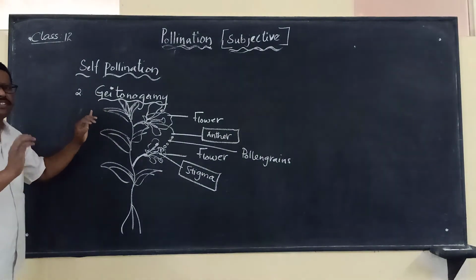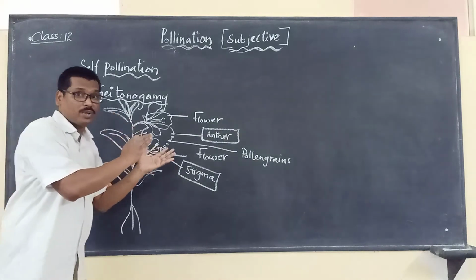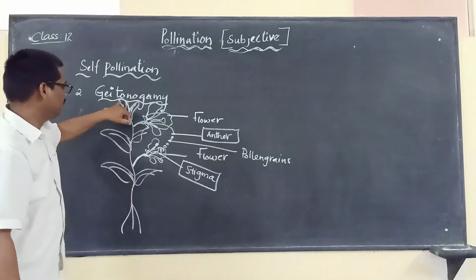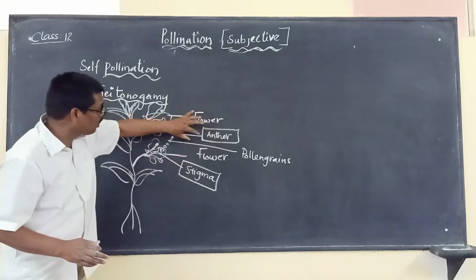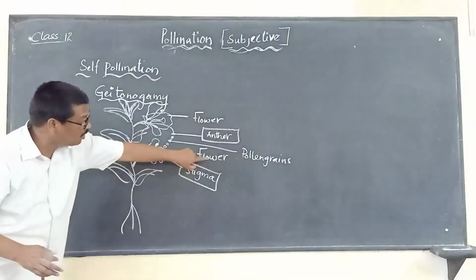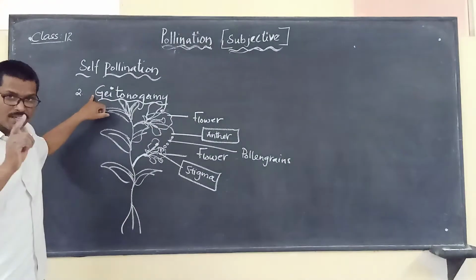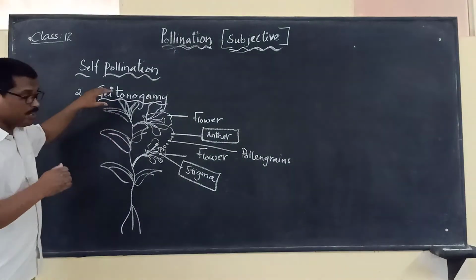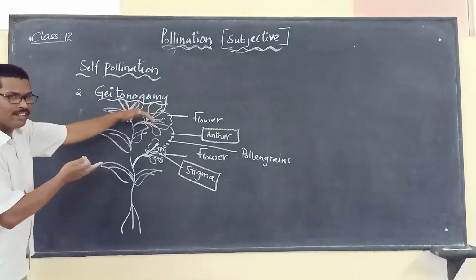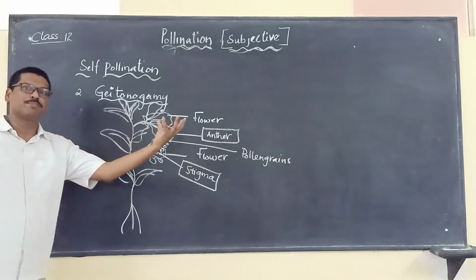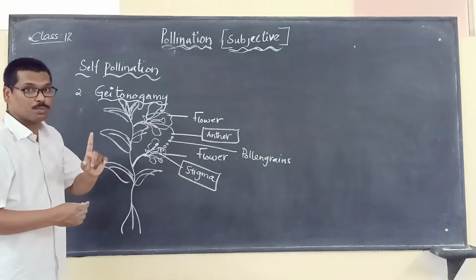Geitonogamy. Most of the children will get confused here, so you should be very careful. What is the difference between autogamy and geitonogamy? Geitonogamy means transfer of pollen grains from the anther of one flower to the stigma of another flower. Although geitonogamy is functionally cross-pollination, it is actually like cross-pollination. What we said, if it is taking place between two flowers, it is cross-pollination. But please remember this word.